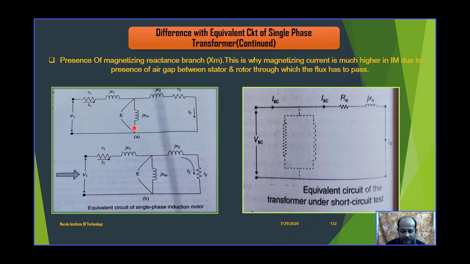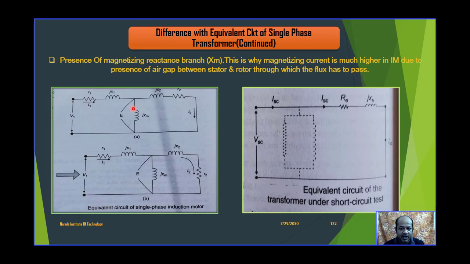So it is lumped with the rotational losses, and the total loss is represented by this shunt branch parameter. Although it exists here, the core loss is constant throughout the operation.